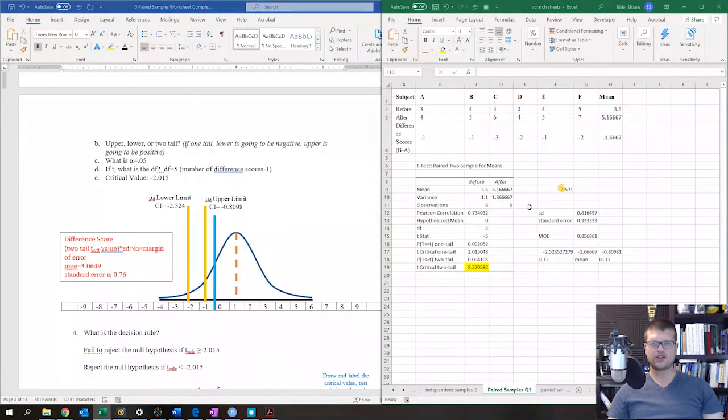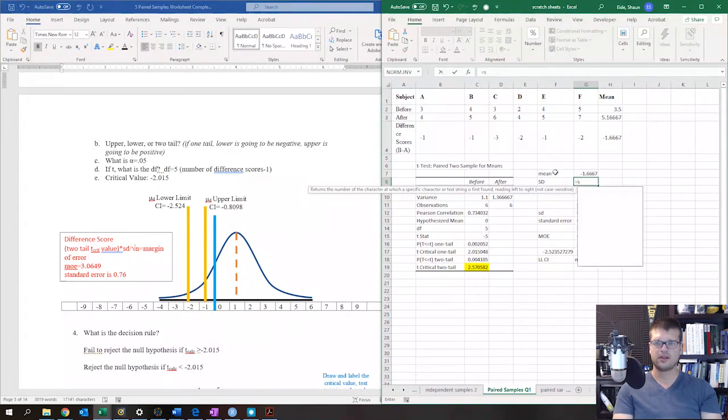So when we've got this 2.571, I'm going to look at the standard deviation of the difference scores. The mean of the difference scores is negative 1.6667. And then the standard deviation equals the standard deviation of the sample.